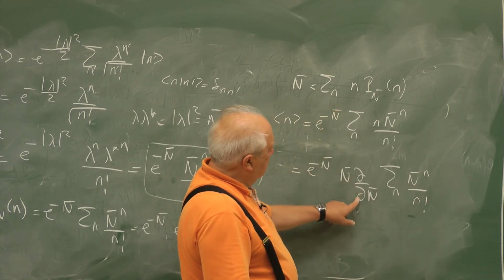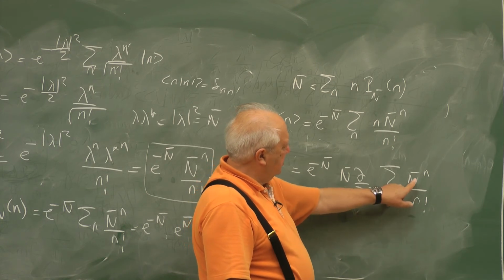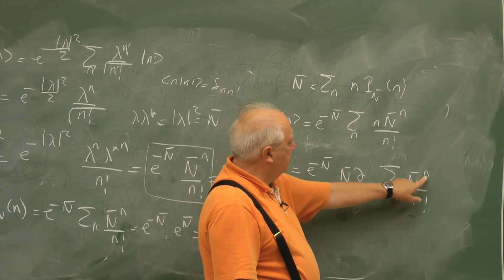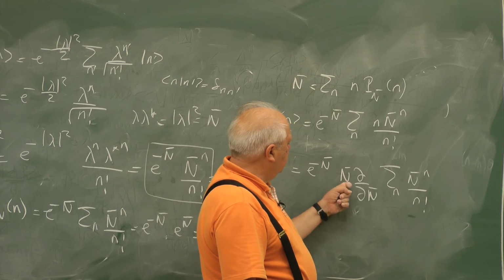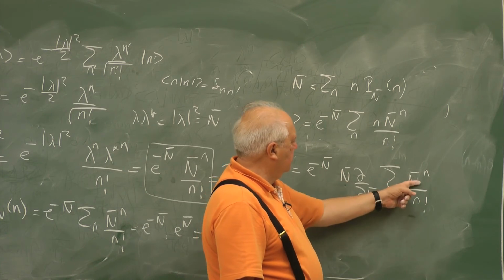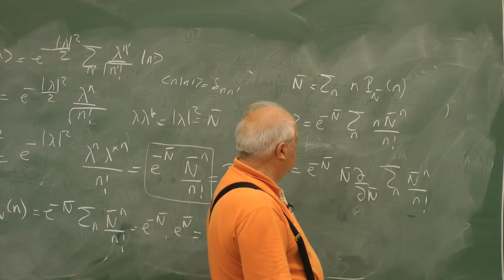If you just take the derivative of this, it becomes n times n bar to the n minus 1, and multiplying by n bar brings it back to n bar to the n.